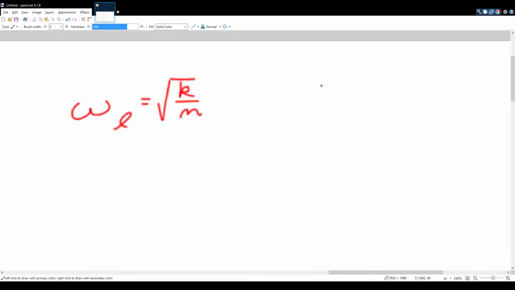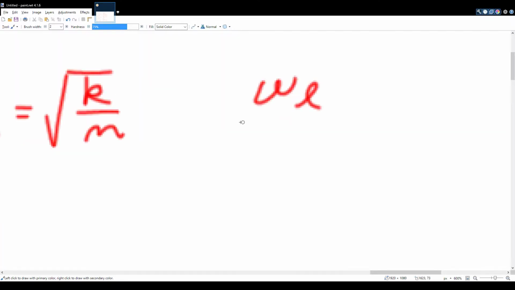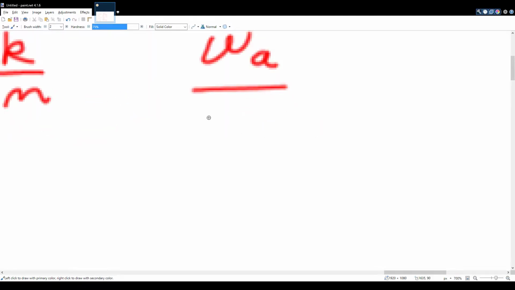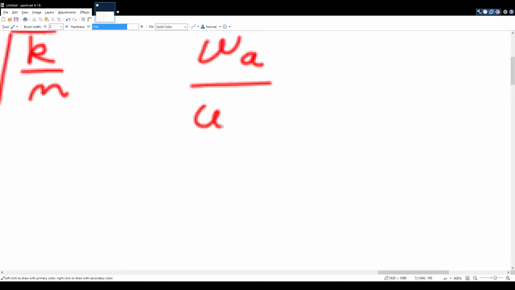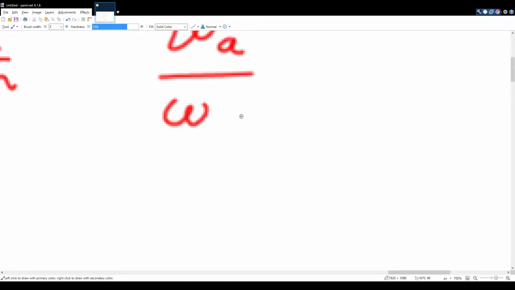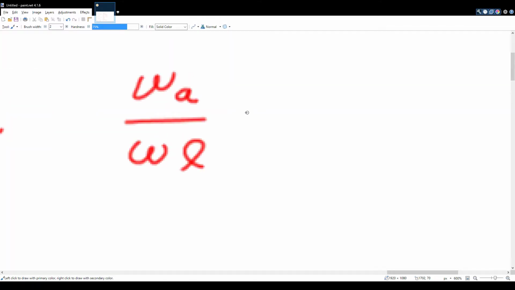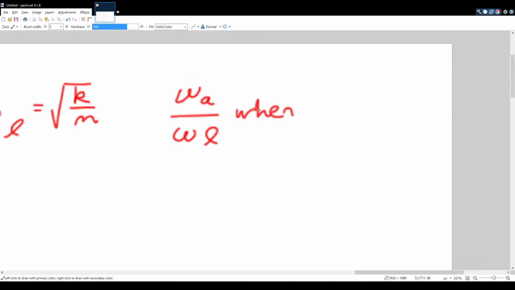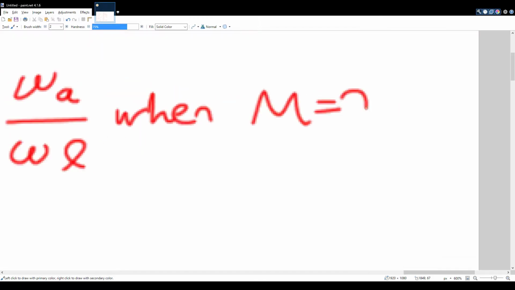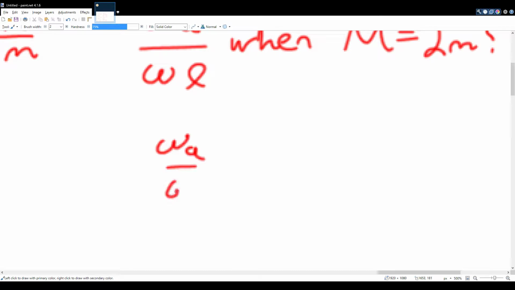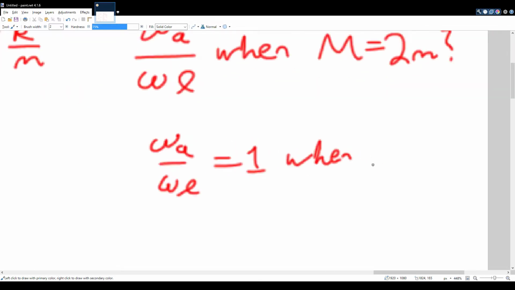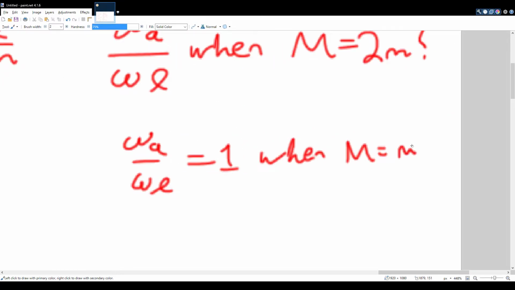And it's asking us what is the ratio of the frequency of the angular oscillations over the angular frequency of the linear oscillations when the mass is equal to 2 times that original mass, and omega A over omega L equals 1 when m is equal to little m.